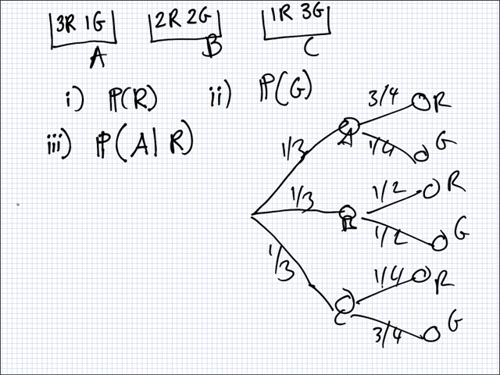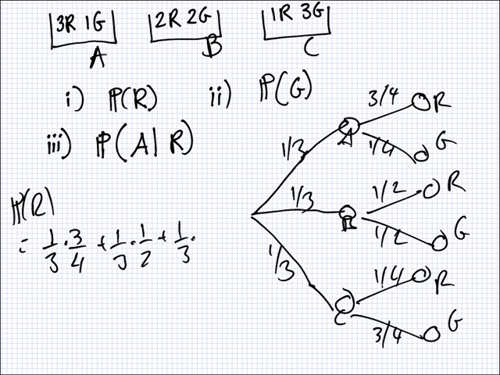So the probability of red should be 1/3 times 3/4, plus 1/3 times a half, plus 1/3 times a quarter. So that's a quarter plus a sixth plus a twelfth, and you said that adds up to a half? Nice, okay.